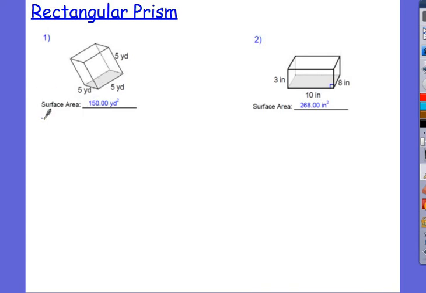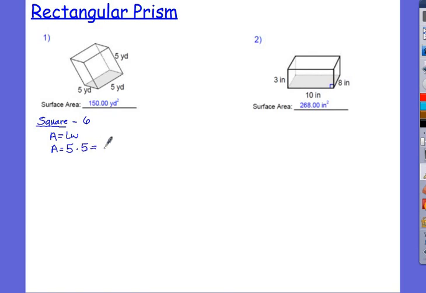So I'm going to find the area of one of the squares. But how many squares am I going to need? 6 of them. So I'm going to put that right there so I don't forget. What is the formula for area of a square? Length times width. Well, what is my length? 5. Times what is my width? 5.